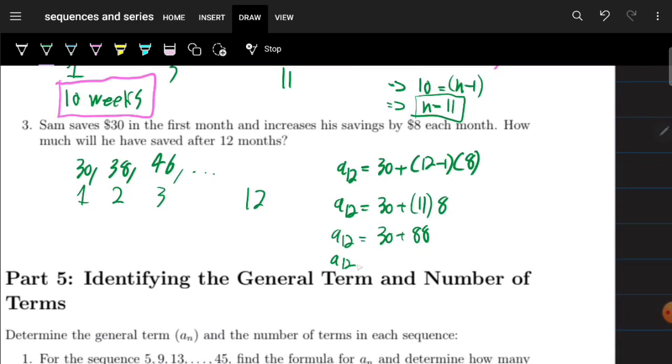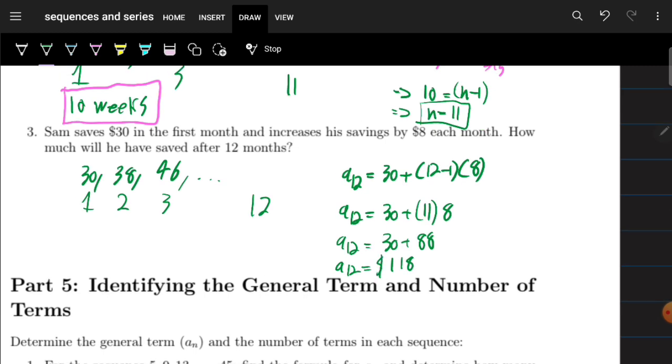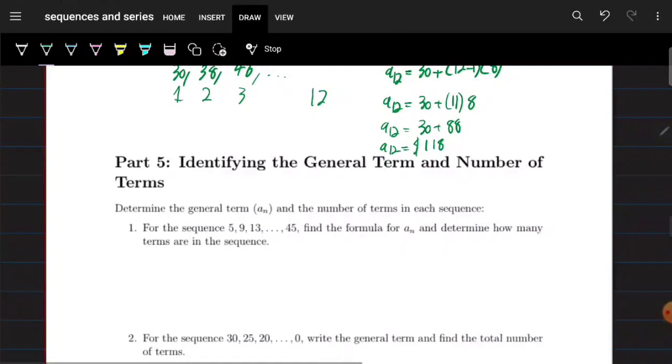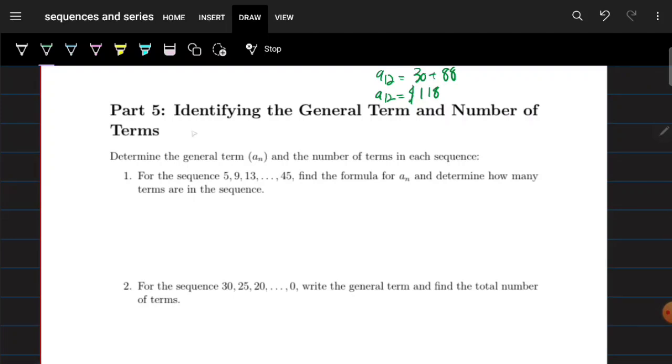And we get a12 is equal to, what is that going to be? 118? Yeah. So this person is going to have $118 saved up on the 12th month. Okay, perfect.